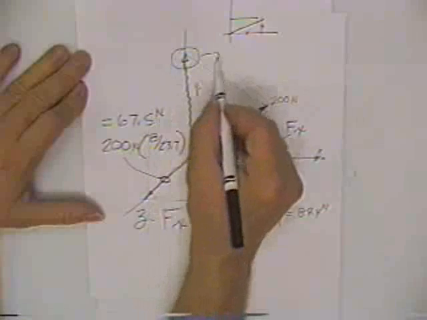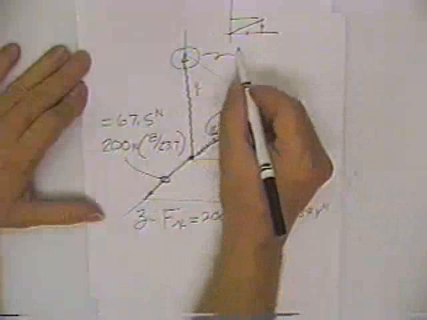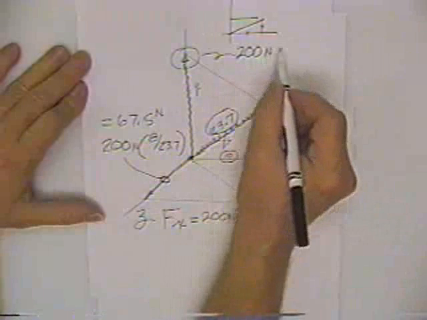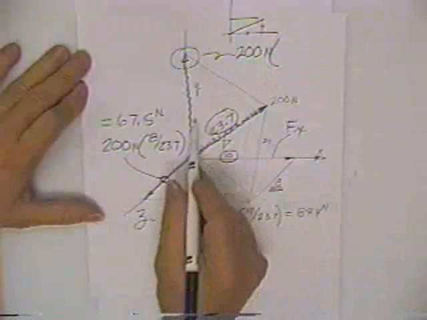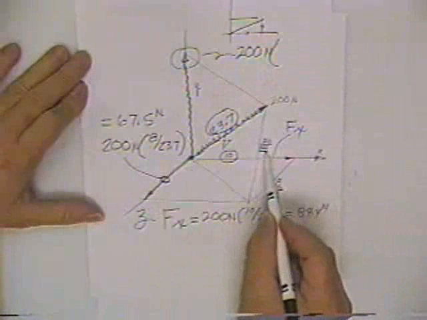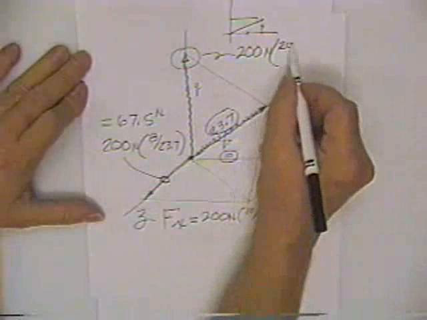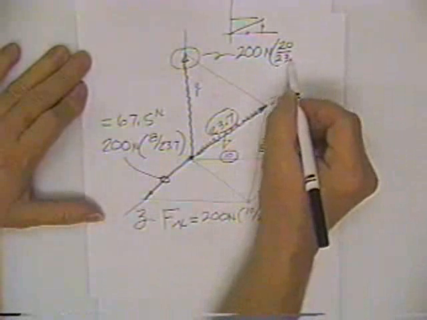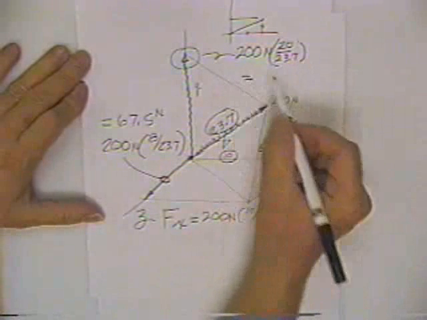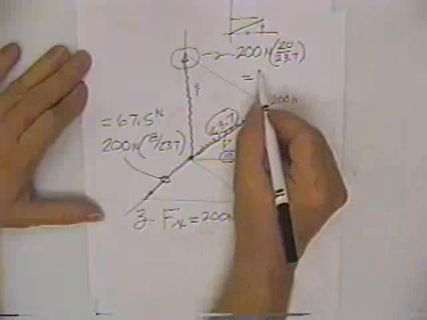And this guy right here points up 200 newtons multiplied times his upward projection, 20 over 23.7, is equal to 168.8 newtons.